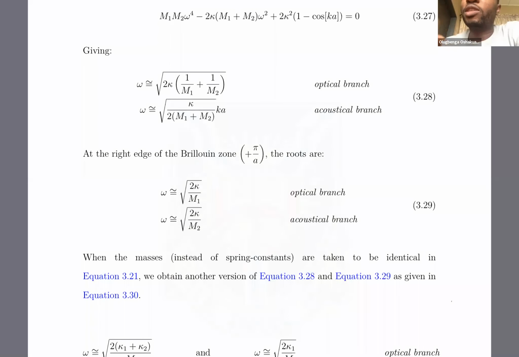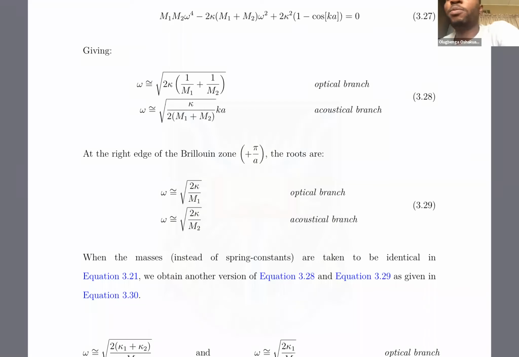When we were discussing the monatomic chain, we spoke about a dispersion relation, and that dispersion relation showed us the relationship between wave vector and angular frequency. But in a diatomic chain, the dispersion relation is different.